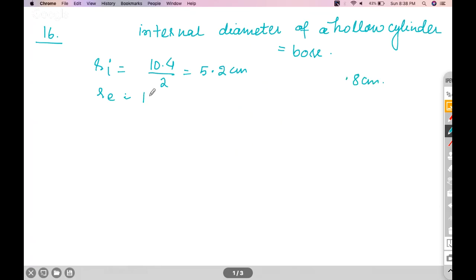So I'll add it, 10.4 plus 0.8, that comes out to be 11.2 centimeters. Divided by 2, it gives me 5.6 centimeter. Now length is equal to 25 centimeters.